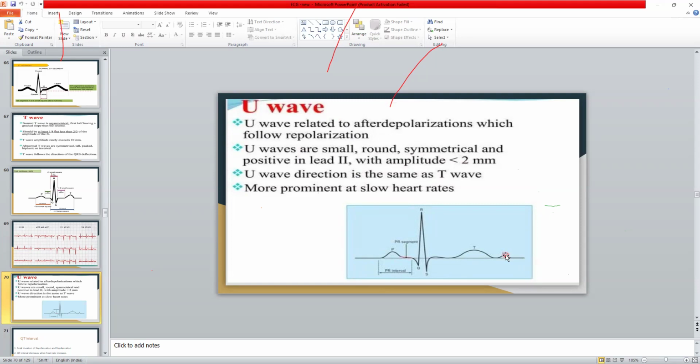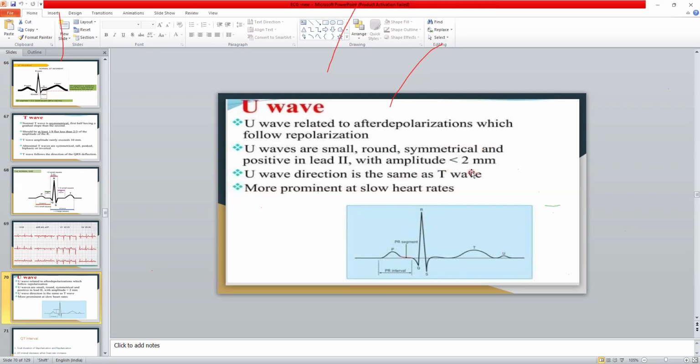Actually, its exact origin is still debated. Some say it is thought to involve the late repolarization of the Purkinje fibers or other portions of the left ventricle. Still, we do not know the exact origin of the U wave. Usually these U waves are small, round, asymmetrical, and always positive in lead 2, and better seen in lead 2 also, with an amplitude of less than 2 millimeters.